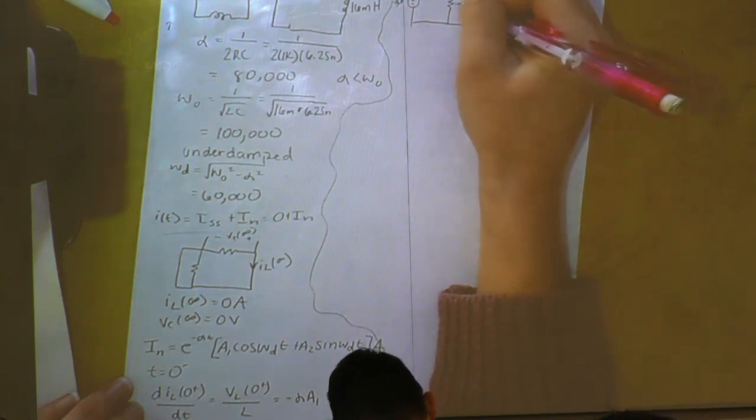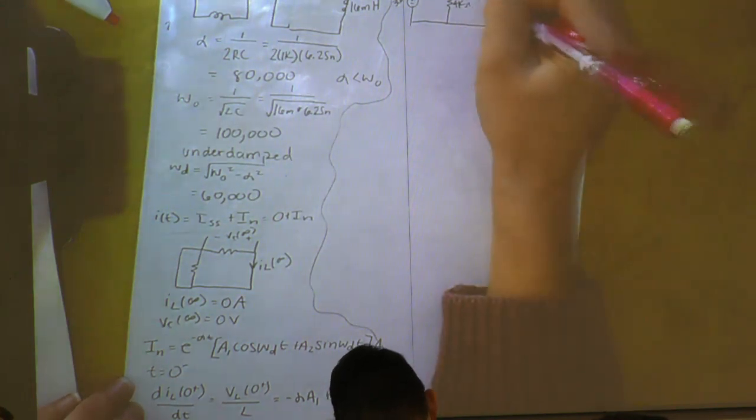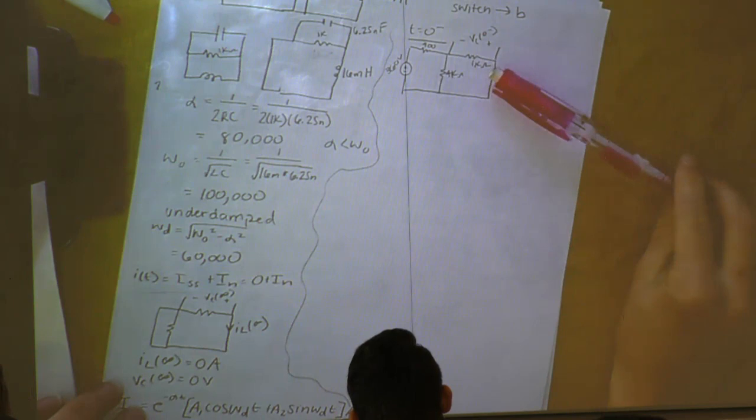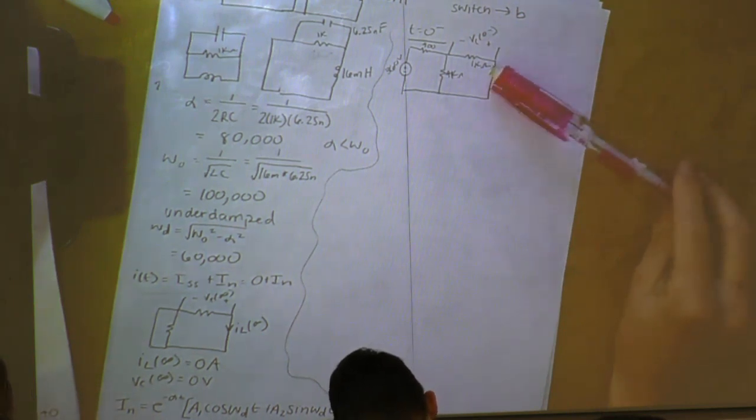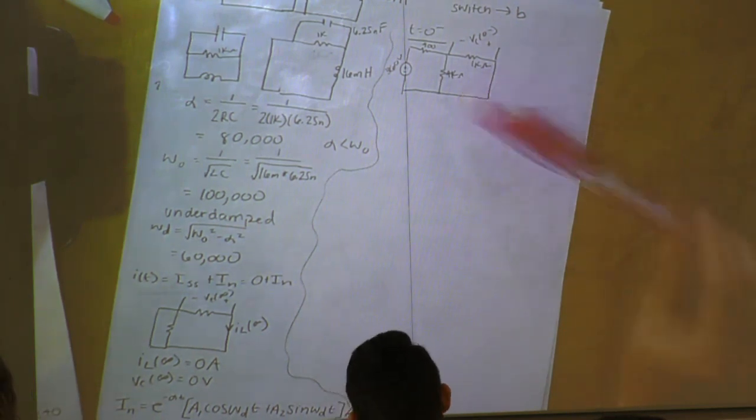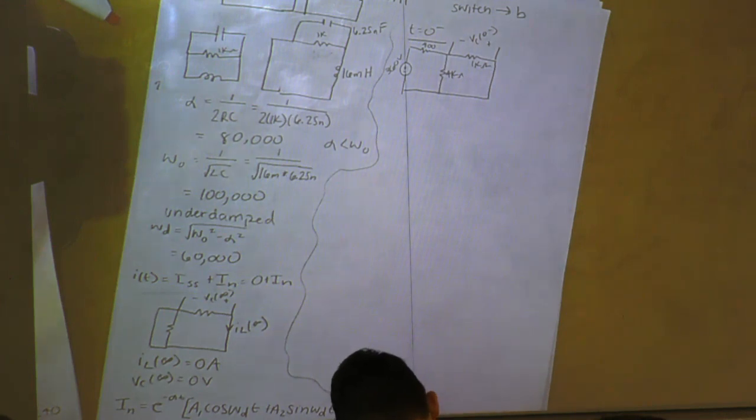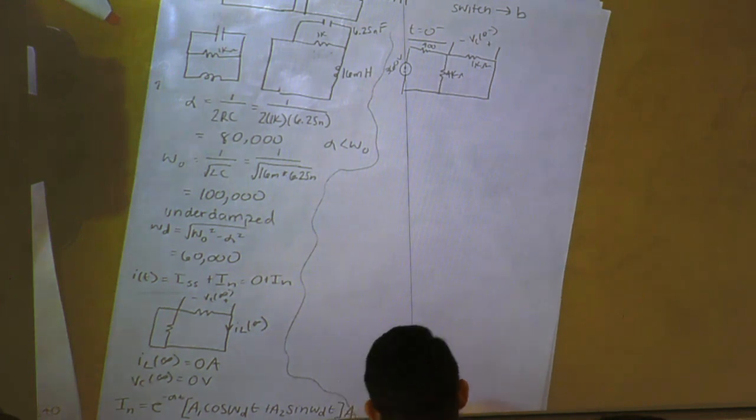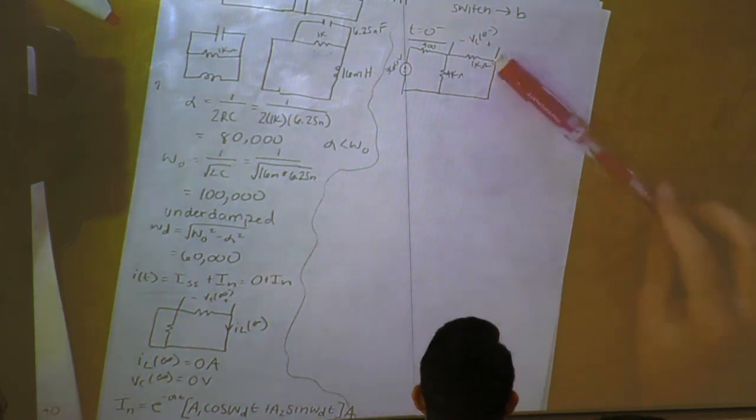This voltage across the 1K ohm is still the voltage across the 4K ohm, right? See how we can find VC of 0 minus?